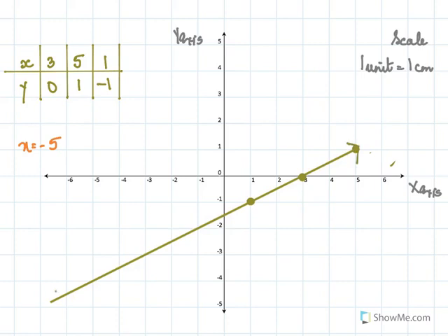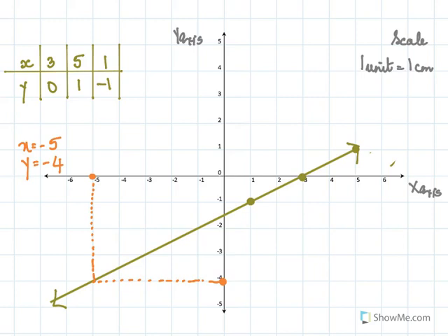So I've marked here x equal to minus 5. We've got to see where it cuts, what is this y coordinate. So the y comes as minus 4. So when x equal to minus 5, y equal to minus 4.